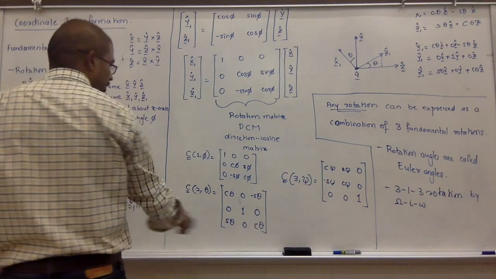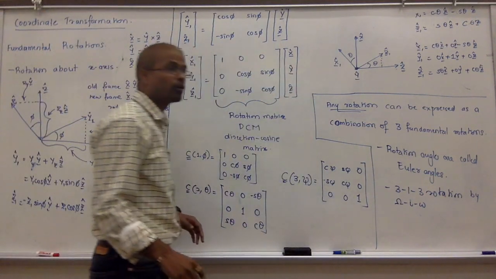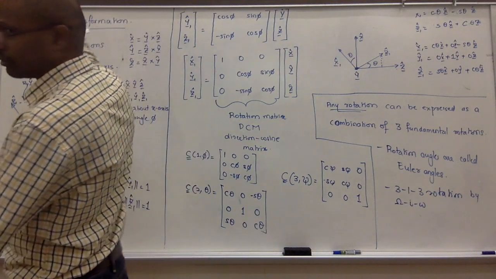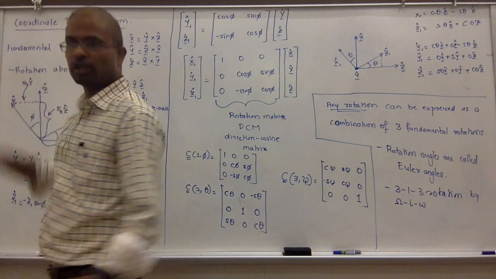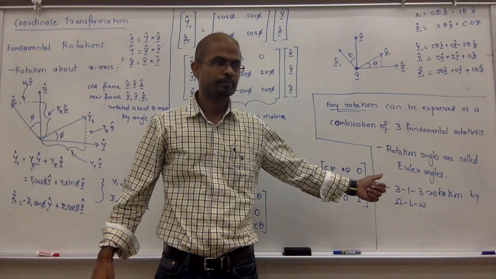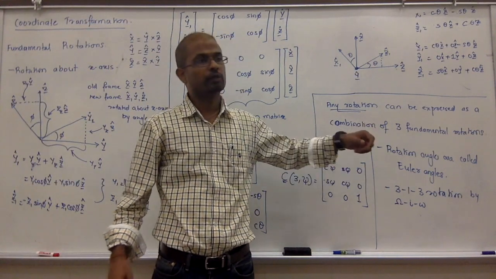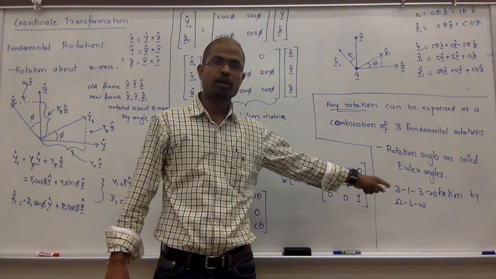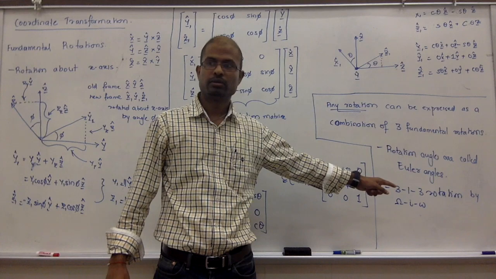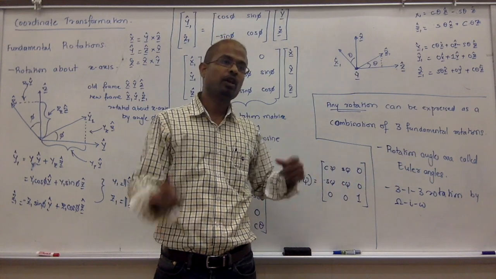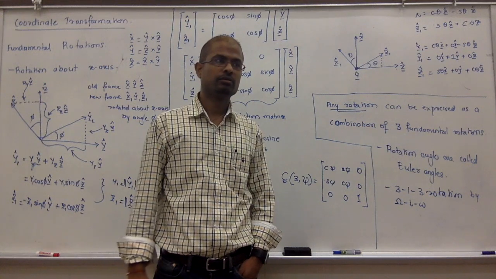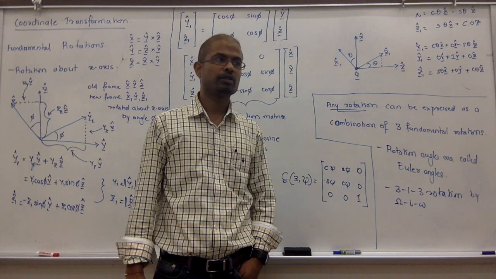Then rotation about the new 1 axis by the inclination angle. And then rotation about the new Z axis by the angle small omega. You will end up in the orbit frame, or you will end up in the orbit. You see what I'm saying?